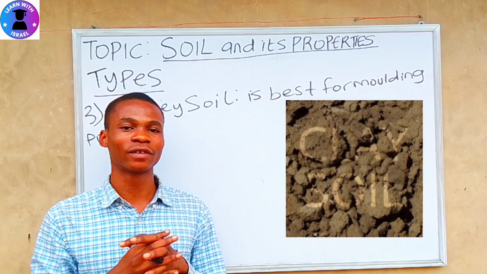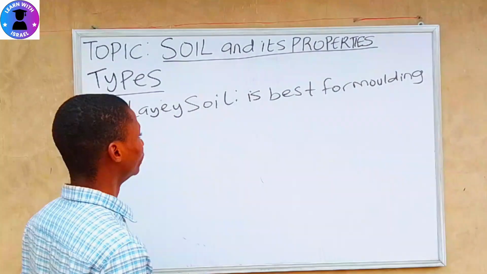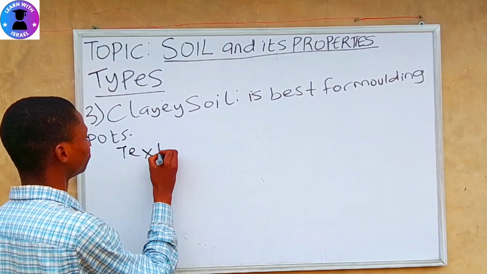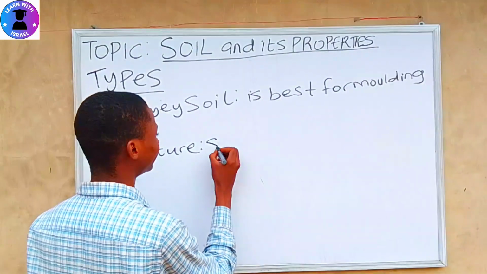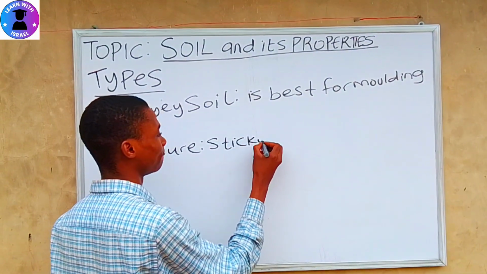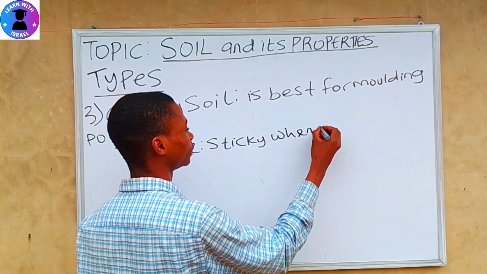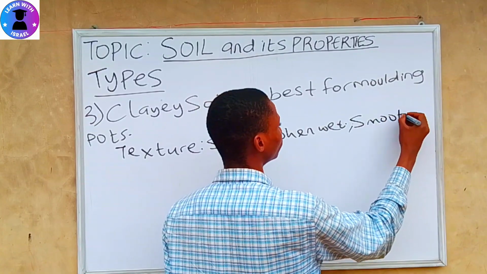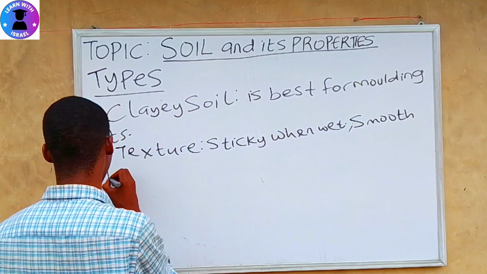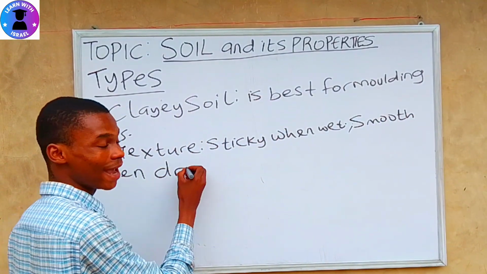The texture of clayey soil is that once it is wet, it is always sticky, and it's always smooth when it is dry.